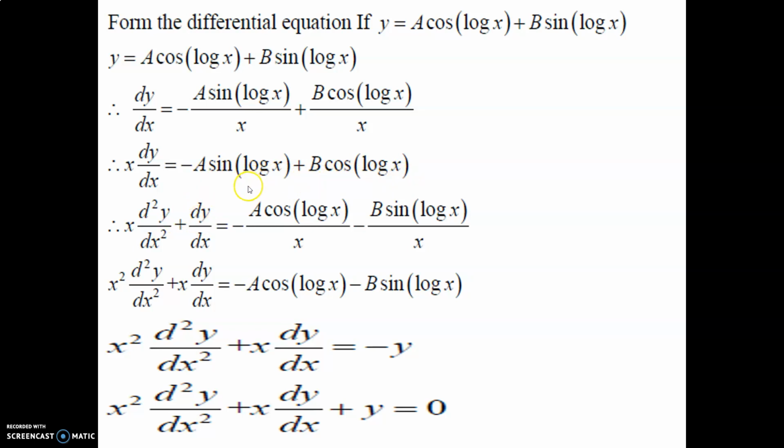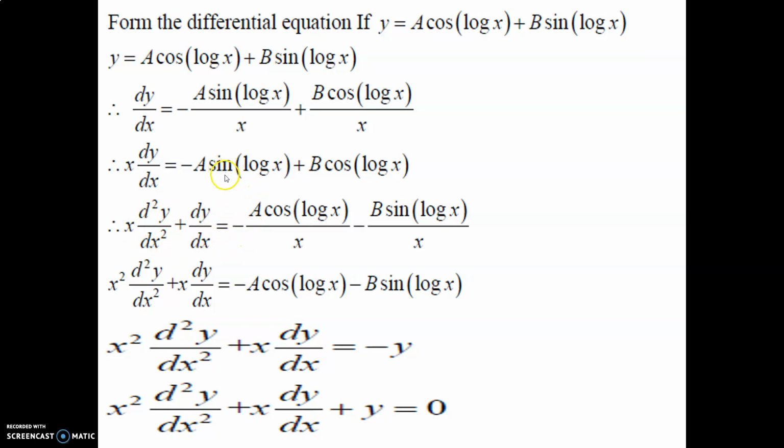Now we have to take again the derivative with respect to x on both sides because 2 arbitrary constants a and b are available here. That's why x d square y upon dx square. How is it possible? Yes, we have to take u derivative of dy by dx plus dy by dx into derivative of x. x d square y upon dx square plus dy by dx is equal to minus.